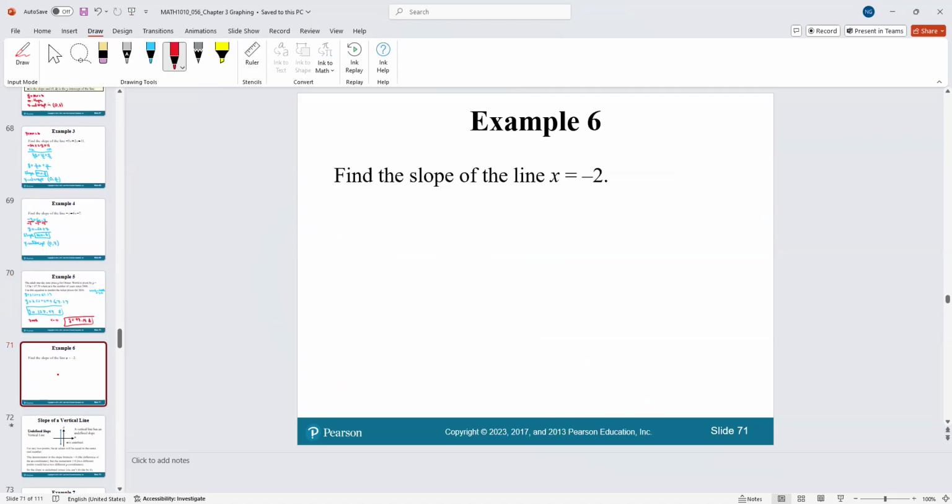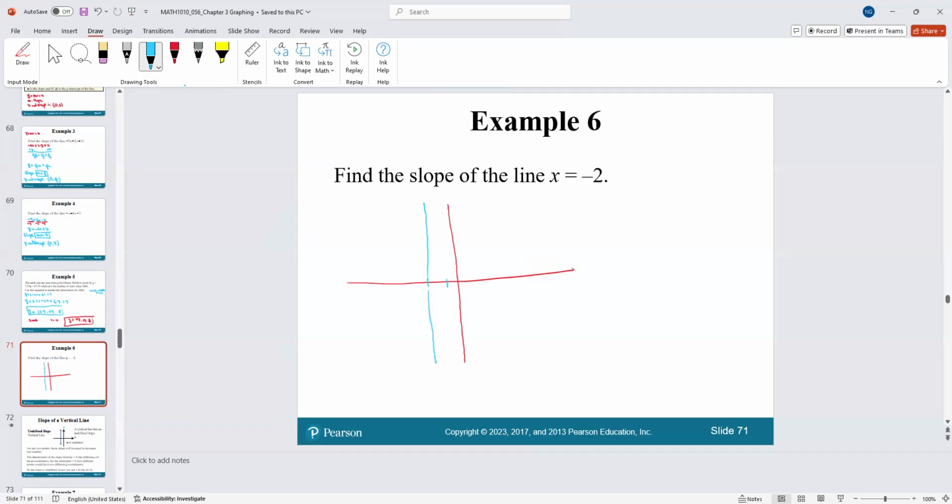No matter what y is, x would always be -2. Do you feel like you have a slope? There is no slant. Your graph has no slant because x would always be -2. So the change in x is zero.